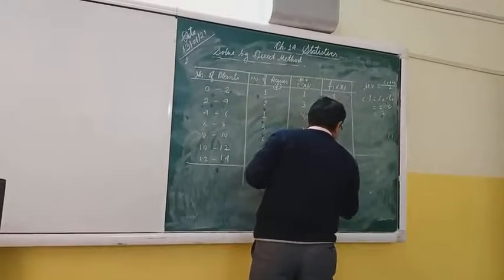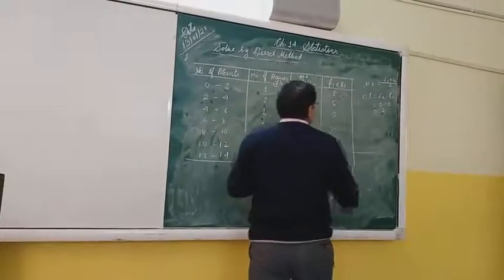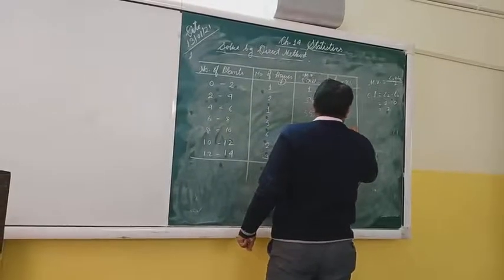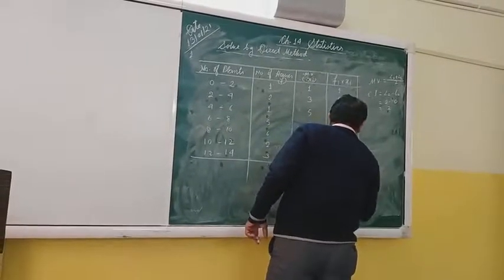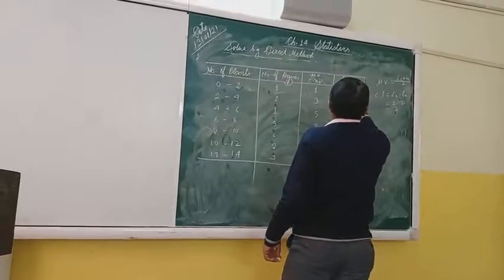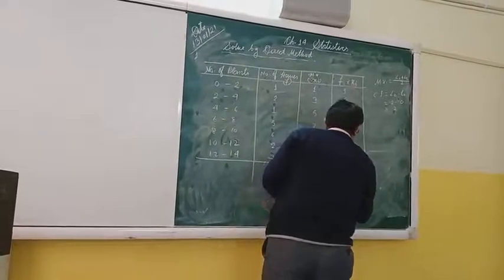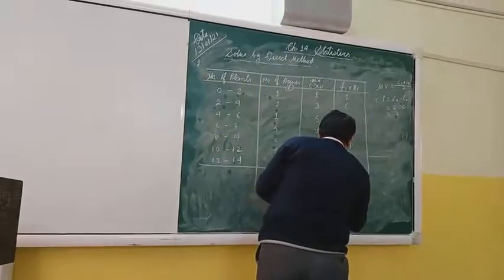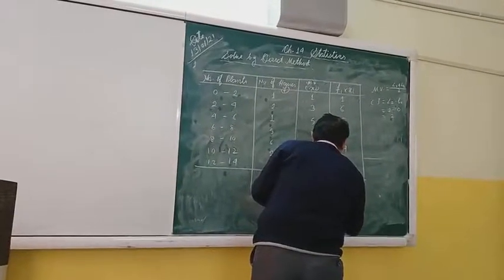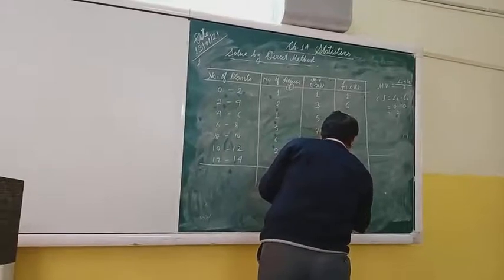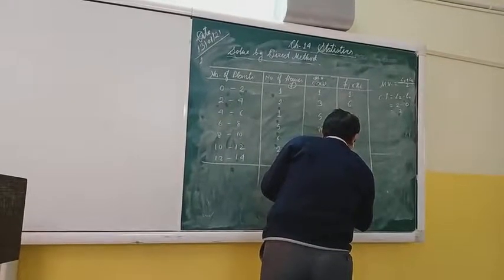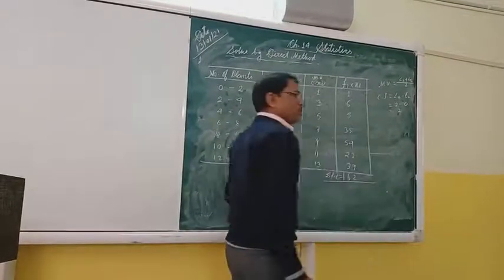And 13 into 3 is 39. Now add these. The summation of fi xi is equal to 162.